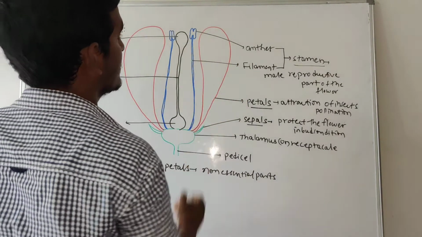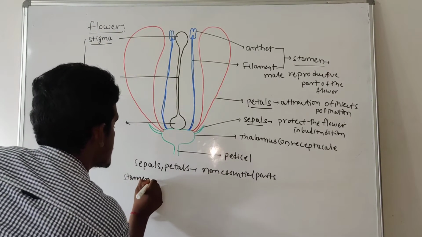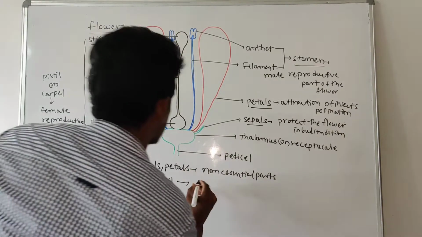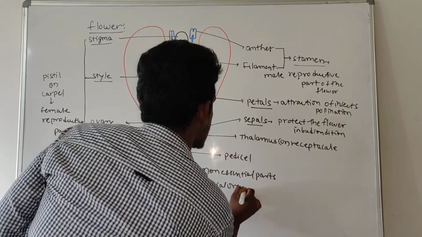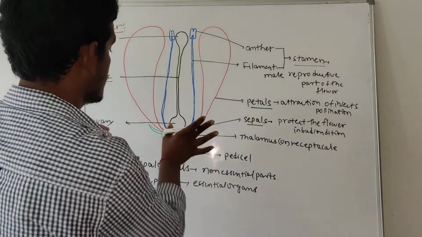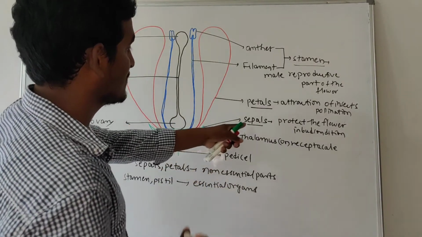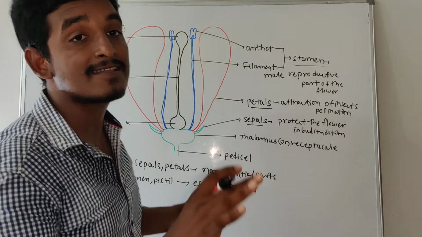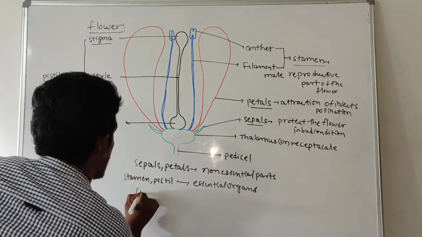But the stamen and pistil help in reproduction, so those are essential organs. In total, four whorls are present: sepals, petals, stamen and pistil. If all four whorls are present in a flower, then we call it a complete flower.